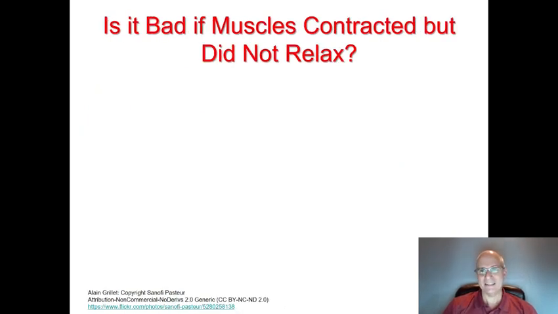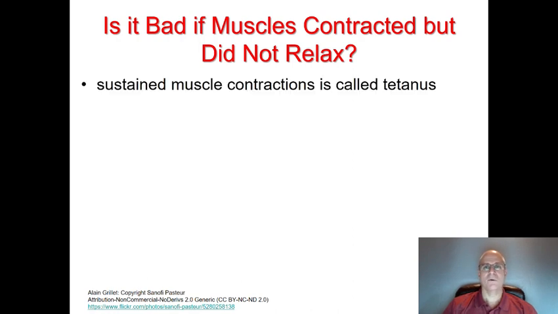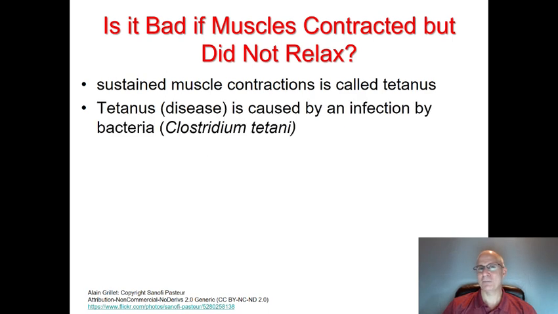Is it bad if muscles contracted but did not relax? Well, a sustained muscle contraction without relaxation is called tetanus. Does that sound familiar at all? Well, perhaps you've heard of the disease tetanus, which is caused by a bacterium called Clostridium tetani.